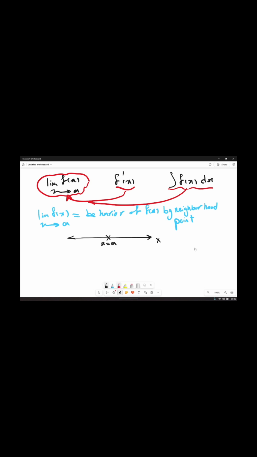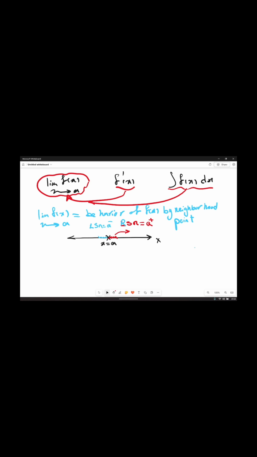All the points on the right side are the right side neighborhood, and in mathematics we show it with a plus, and all the points on the left side we show with a minus.